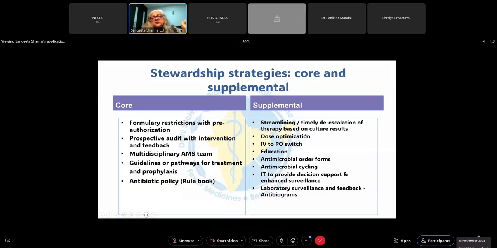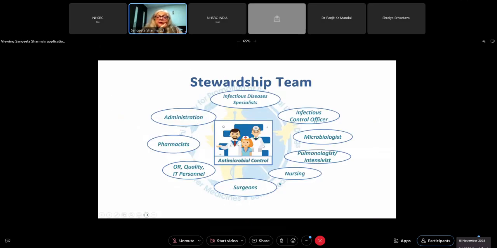Supplementing these is that we de-escalate the therapy based on culture results. Dose should be given properly. Patients should be switched from intravenous therapy to oral therapy as soon as we see that it is safe for the patient. Then there are other things. We need a multidisciplinary team for this. Here clinicians should take an active part in it.